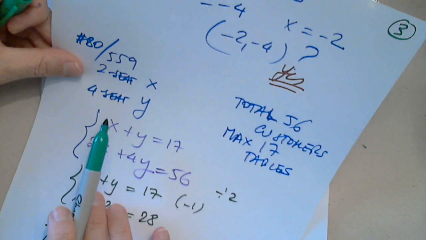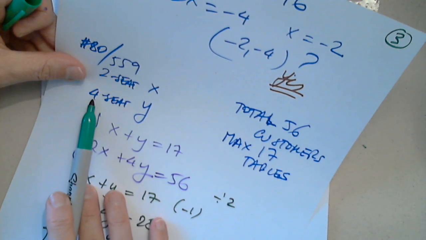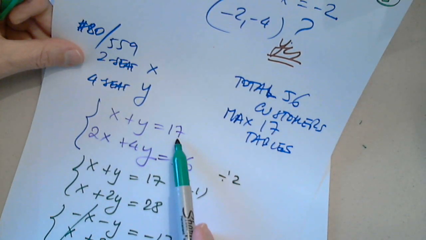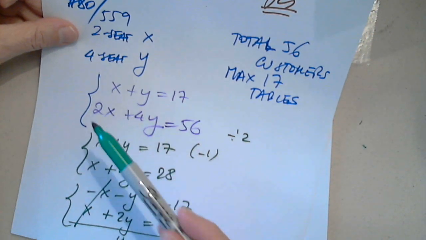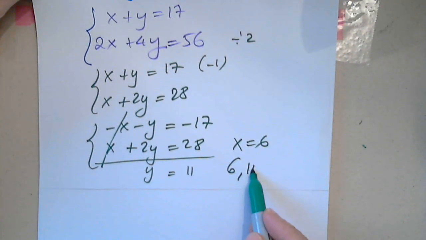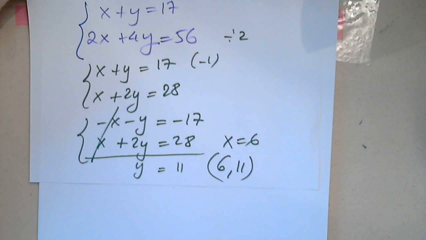So they have 11 tables that hold 4 customers, and because the total number of tables is 17, obviously x must be 6. So I claim 6, 11 is the solution.